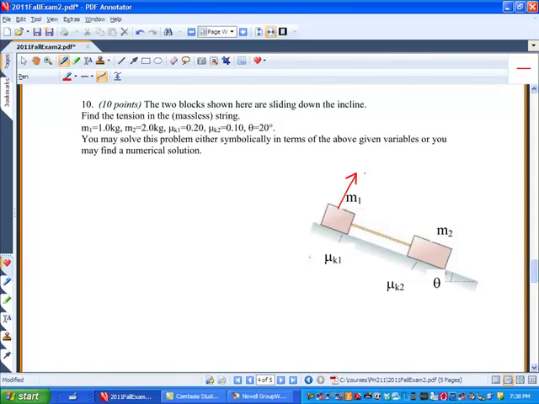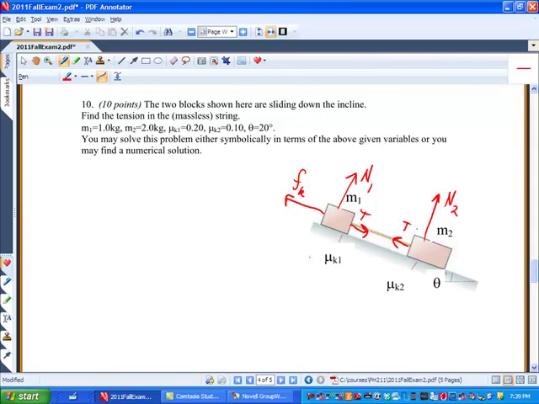There's going to be a normal force on each mass. Now, because there's 2 normal forces and there's 2 masses, we need to make sure we label our normal forces. This is a plane with friction, so that means this guy is going to feel some kinetic friction going up, as well as some tension going down.